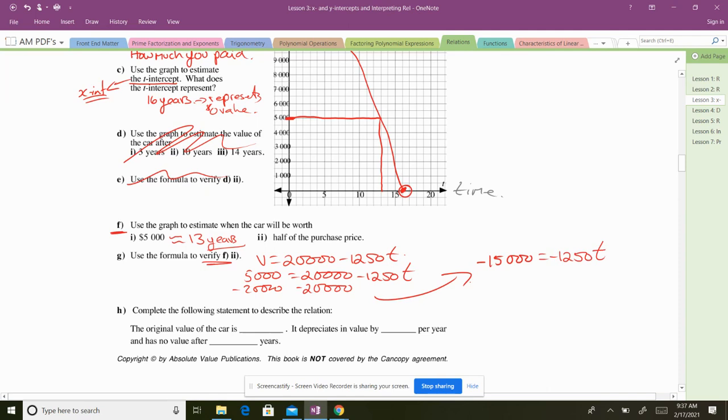Hey, guys. Hey. I got negative 15,000 is equal to negative 1250t. How do I get t by itself? Divide by negative 1250. So those cancel.